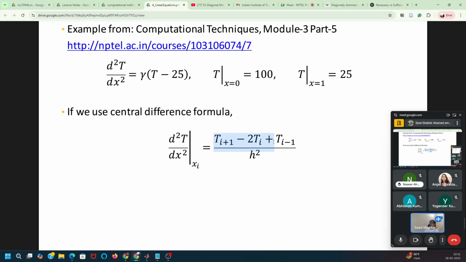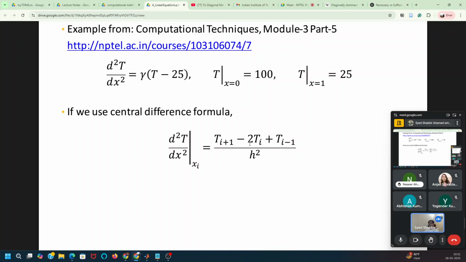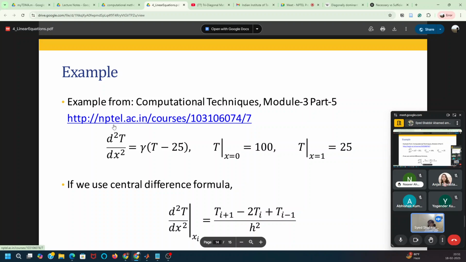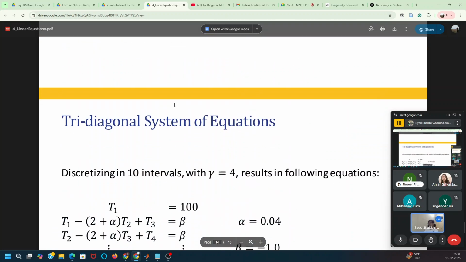That's why I'm getting this T1, T2, and Ti plus 1, Ti, and Ti minus 1. I think in week 9 or week 10 we'll go into more detail on how to do this discretization. If you want to learn, you can go to that week's module, or to this computational techniques course, and see how you get it.